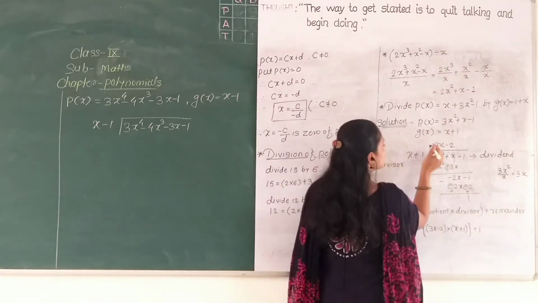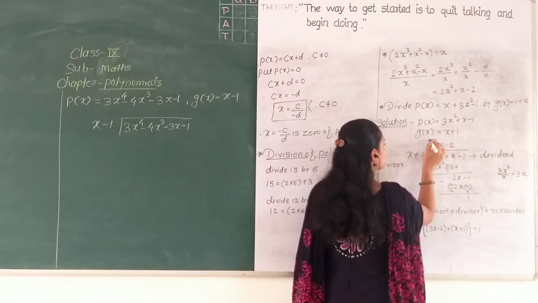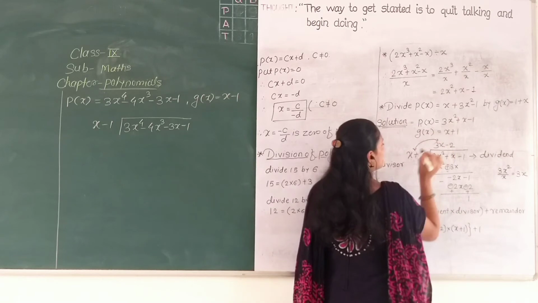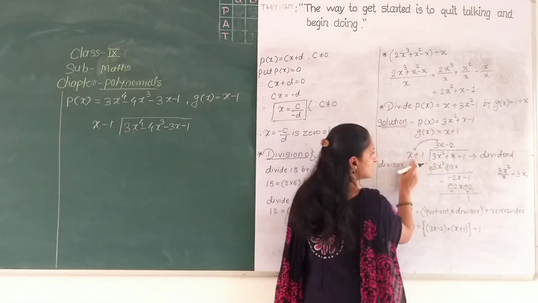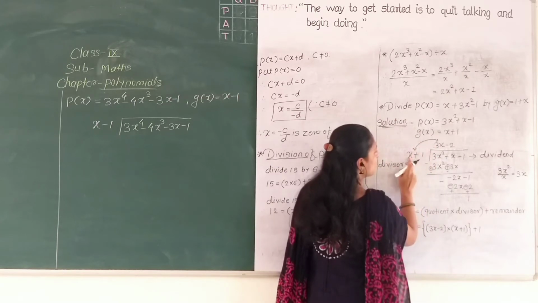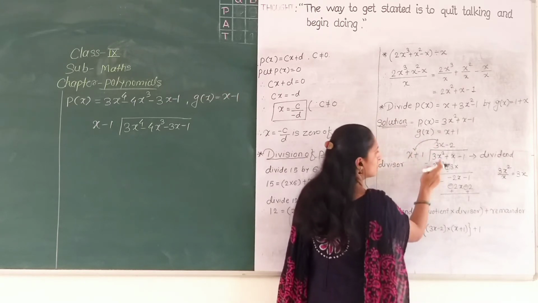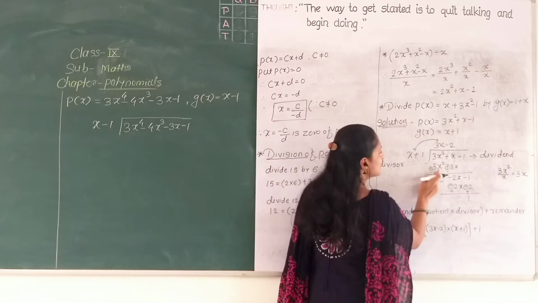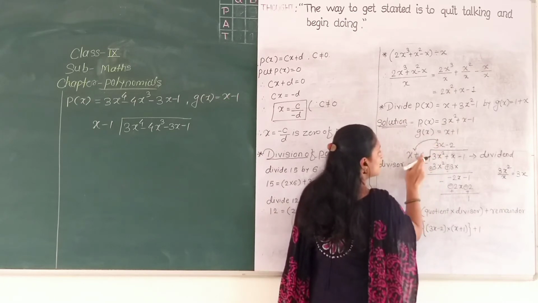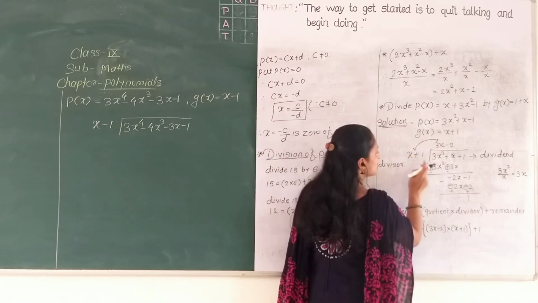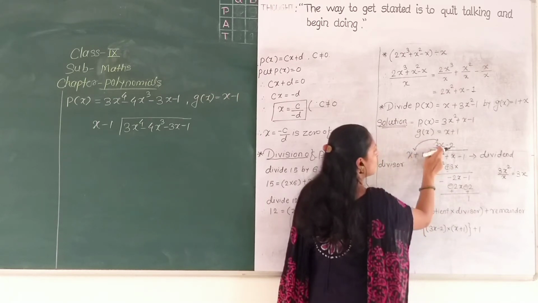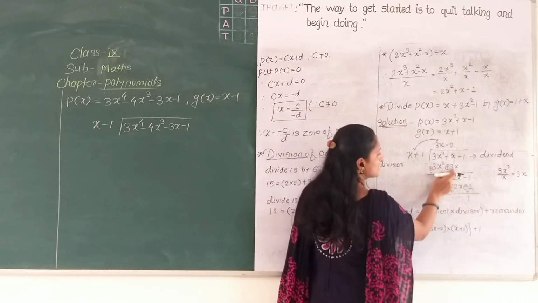Now multiply this first quotient 3x by the divisor. We get 3x into x, which is 3x square, and 3x into 1, which is 3x.